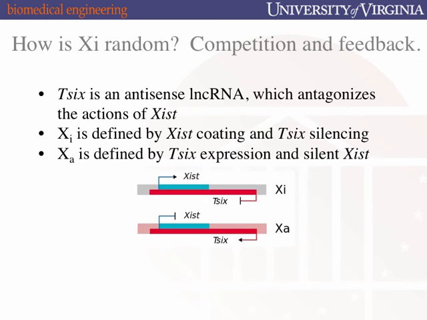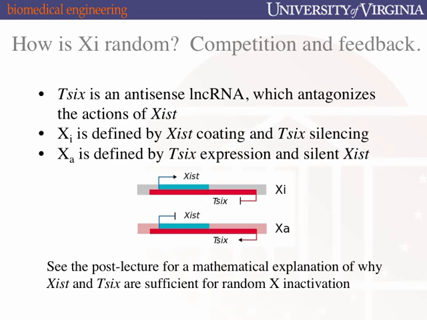It has its own promoter. And by virtue of this, you have competition between Tsix and Xist. At the end of X inactivation, what you're left with is an inactive X where Xist is expressed and Tsix is silent, or the active X allele where Tsix is transcribed and Xist is inhibited.